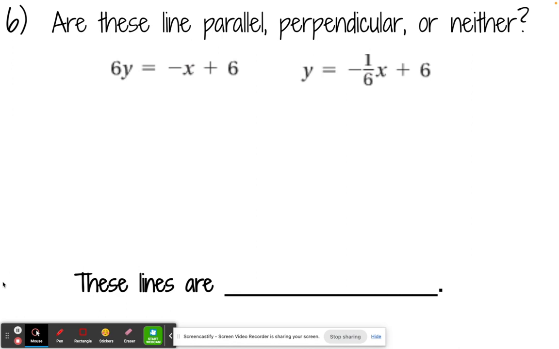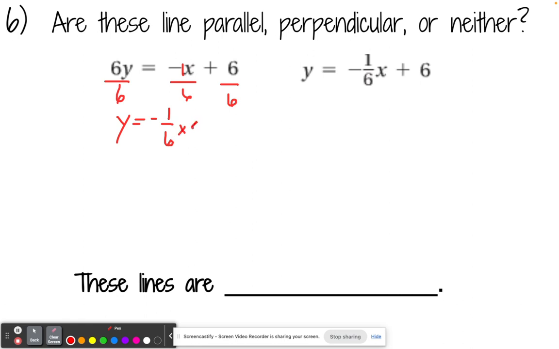Okay, are these parallel, perpendicular, or neither? This one is not written in slope-intercept form yet. It kind of looks like it, but it's not. I need to divide by 6, divide by 6, and last divide by 6. And I get y equals, well, it's going to be negative. I have that invisible 1 here. 1/6 x.